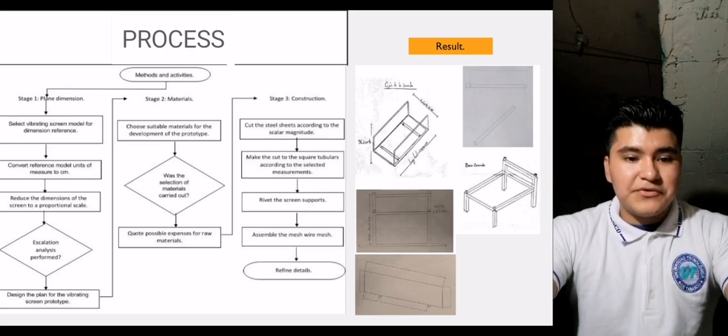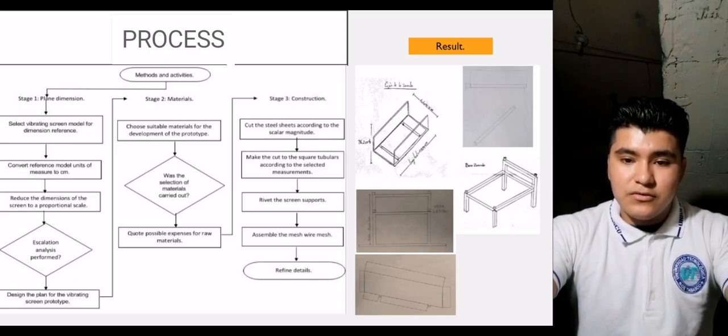Results: this semester concludes with the corresponding stage, where we have carried out the plan to count the amount of material that will be used, as well as how it has been carried out.